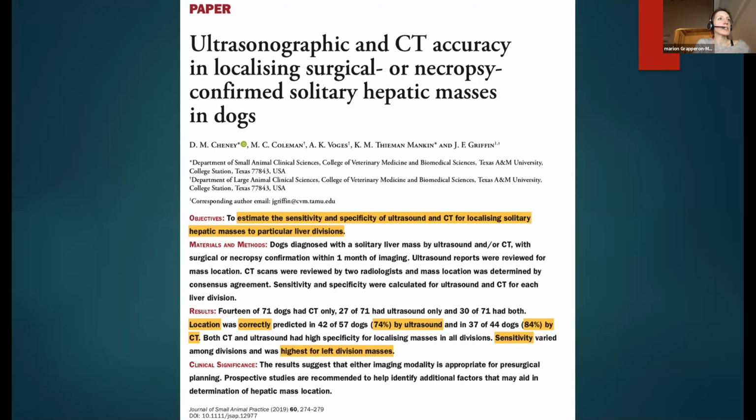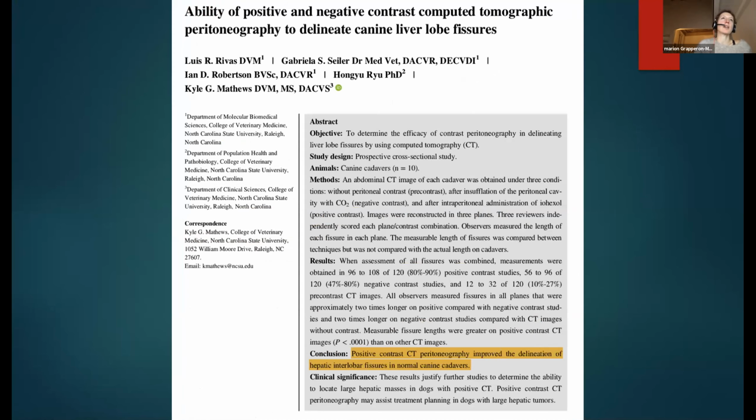And the last paper is one that I presented, I don't remember if it was a few months ago or last year. It was last year anyway. It was on the use of positive contrast CT peritoneography, which improved the delineation of the hepatic interlobar fissures in cadavers, so you can differentiate the different lobes much more.